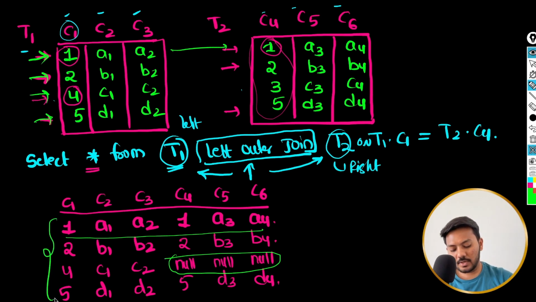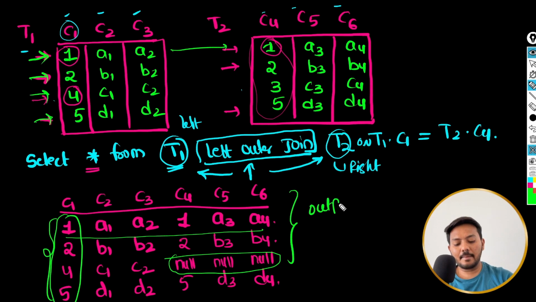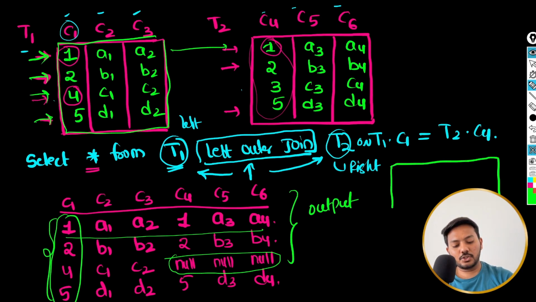If you look at this one, the number of records of your final output is the same as the number of records inside your original left table. So if you look at the Venn diagram architecture, let's assume this is a Venn diagram, and I have two data sets. One is table 1 and another one is table 2. If we are talking about inner join, it is going to retrieve all the elements which are common between both of these.